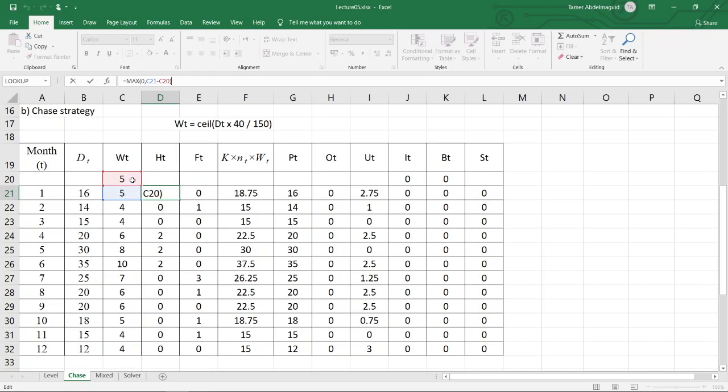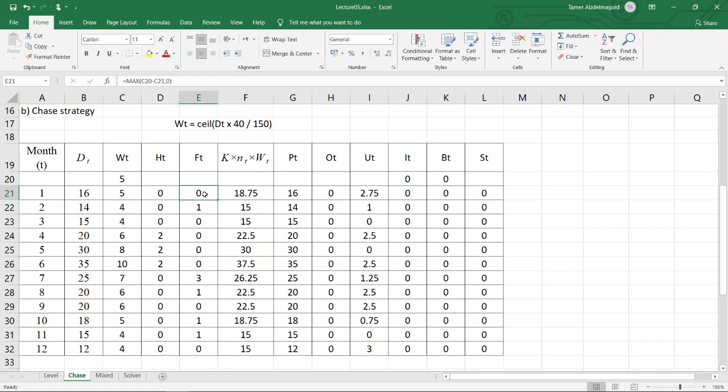And of course, if this number is negative, then the value of h sub t should be 0, because we cannot have a negative value for any variable. And it does not make any sense to have a negative number of hired workers. So here, I use the function max to represent this relationship. So it's a maximum of 0 and the difference between these two values.